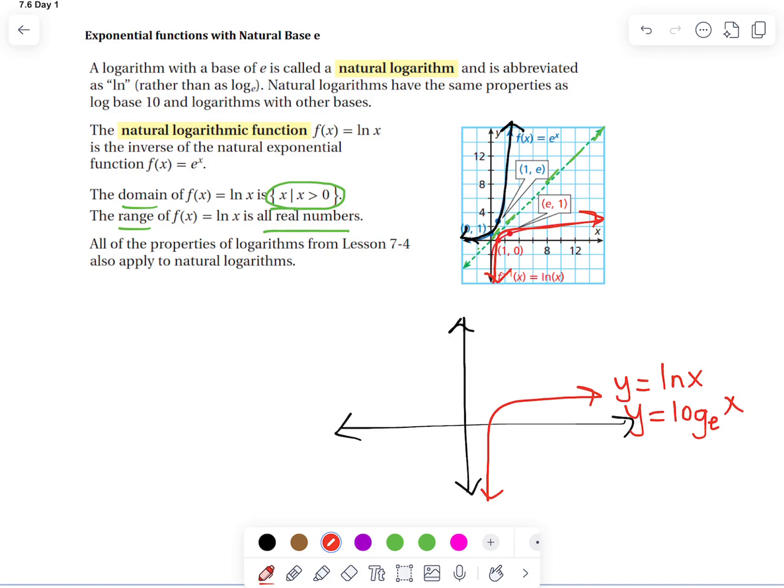What's not shown on this graph is there's actually a vertical asymptote at x equals 0. So then the domain is everything to the right of that purple imaginary line, everything greater than 0. And then our range of values is all real numbers.